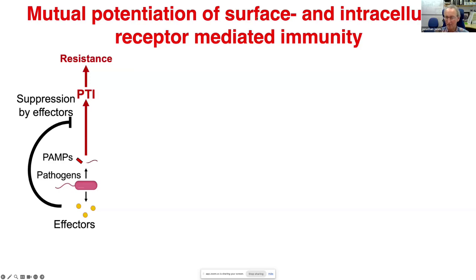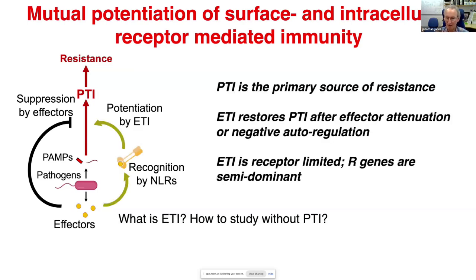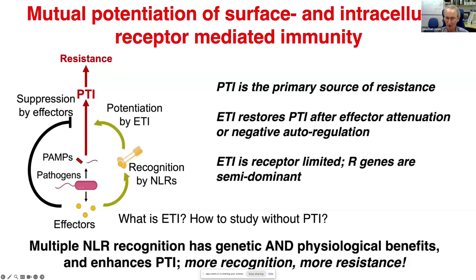The PTI initiated by surface receptors and the ETI initiated by intracellular receptors are not completely independent from each other. They work together, and they mutually potentiate. So it turns out that ETI can act to elevate the abundance of components of PTI, such as the RLCKs and the NADPH oxidase.